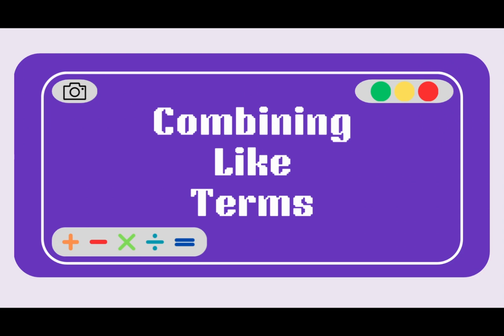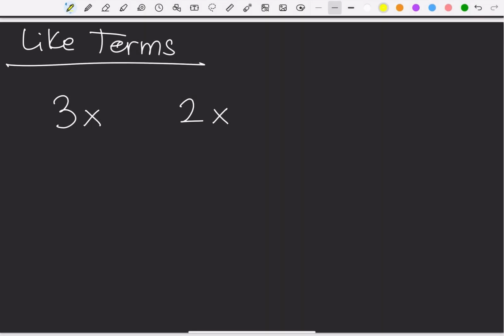For example, let's say we have 3x and 2x. Let's say we decide we want to add them. So now we have 3x plus 2x. How do we add them? Well, since they have the same variable, that means they are like terms.